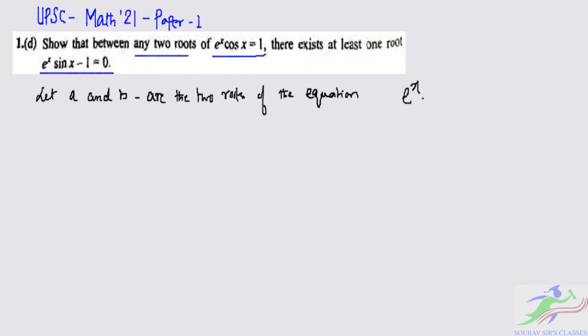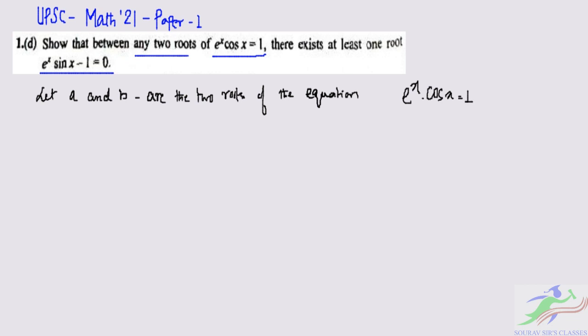So let a and b be the two roots of the equation e to the power x cos x equal to 1.